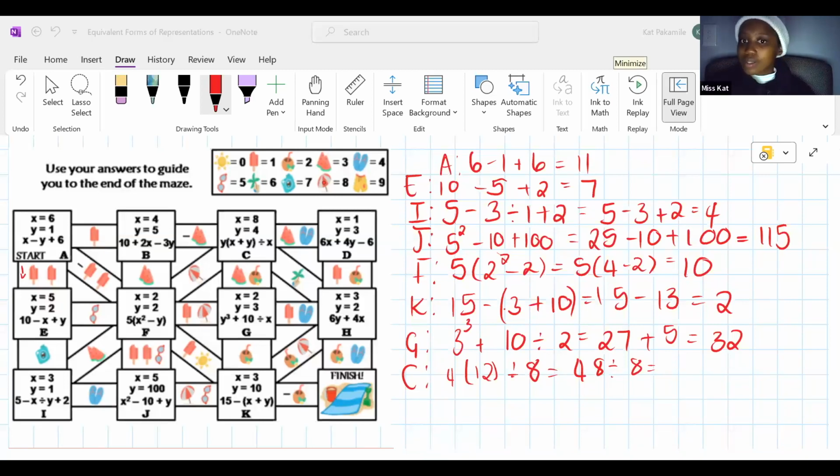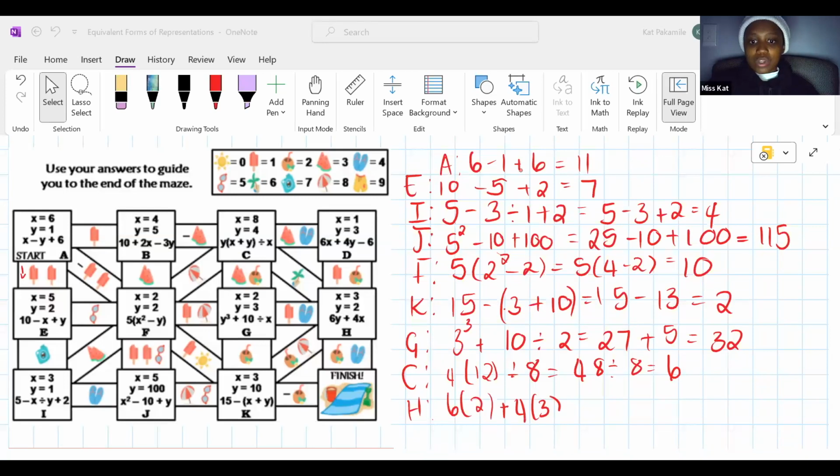Guys, the quicker we do this, the better. 6. Thank you. And 6 corresponds with the H. So on block H, guys, we could be done and you guys are giving up. 6 times 2 plus 4 times 3, which is 12 plus 12, and that is 24, which corresponds with this block. And we are finished.